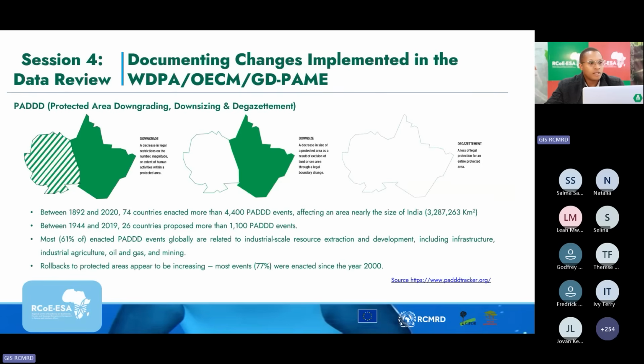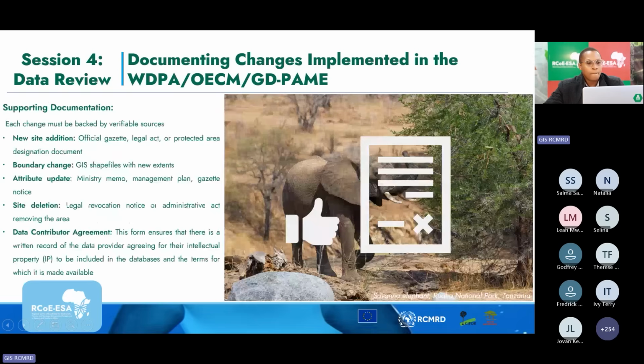So there has been a rollback of protected areas appearing to be increasing, which is 77%, which were enacted since the year 2000. So in order for these types of changes to be updated in the Protected Planet databases, they require some supporting documentation.